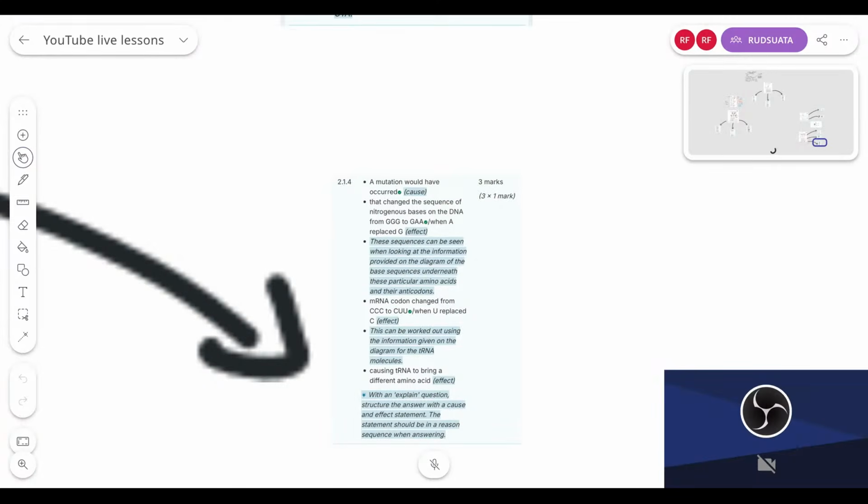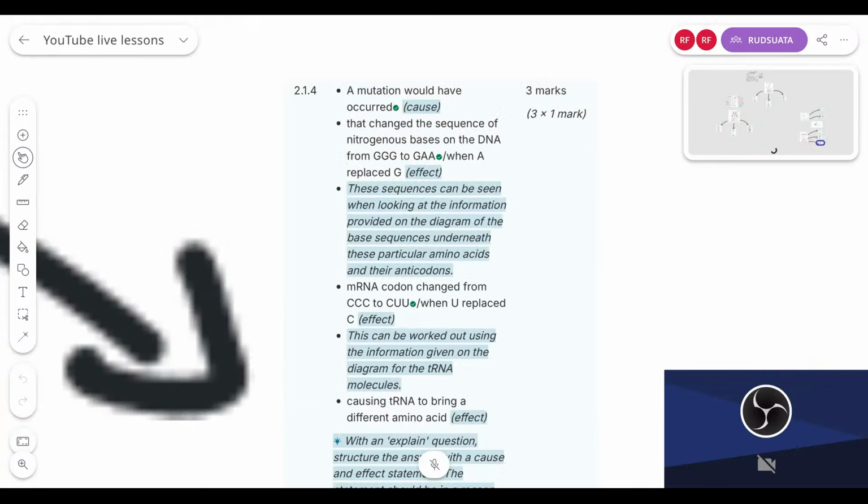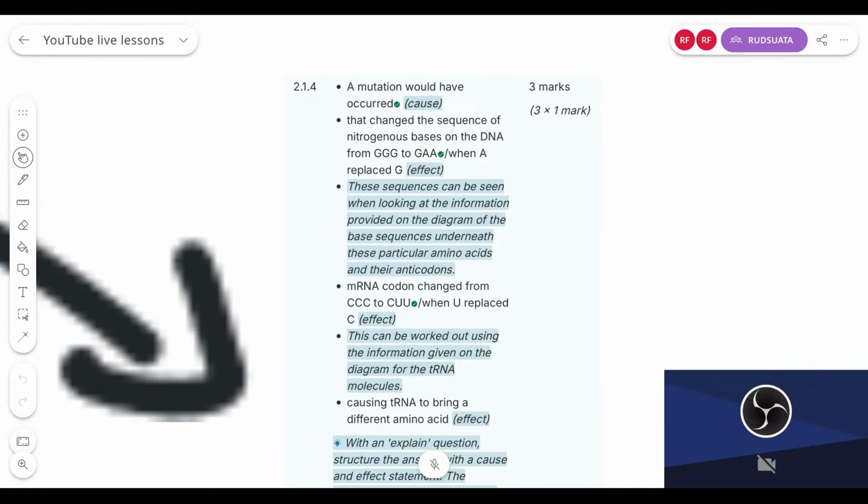That is why if we have a look here for 3 marks, remember, it is also an explain question. So we're going to need for 3 marks, a statement and 2 reasons. Let's look at all the possible statements and reasons. So first things first, statement. A mutation occurred. Lovely. That mutation caused a change in the sequence of bases from GGG to GAA.